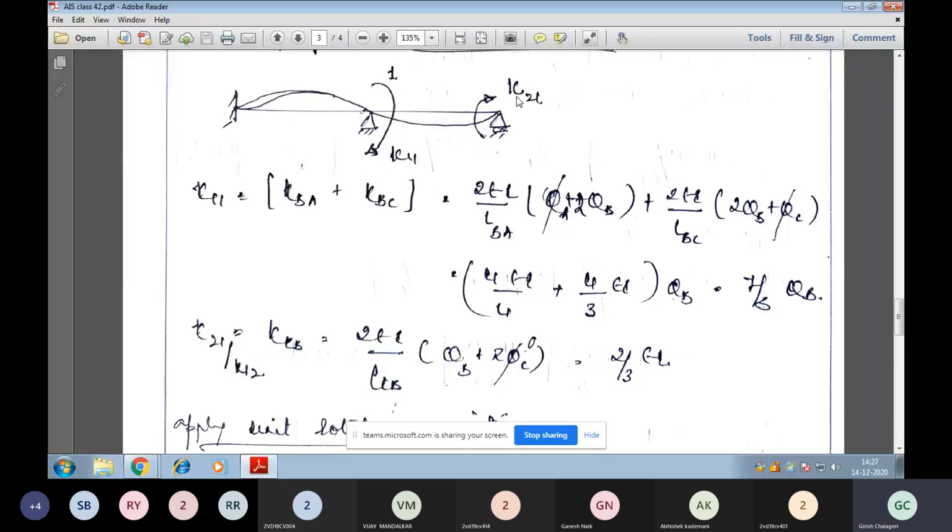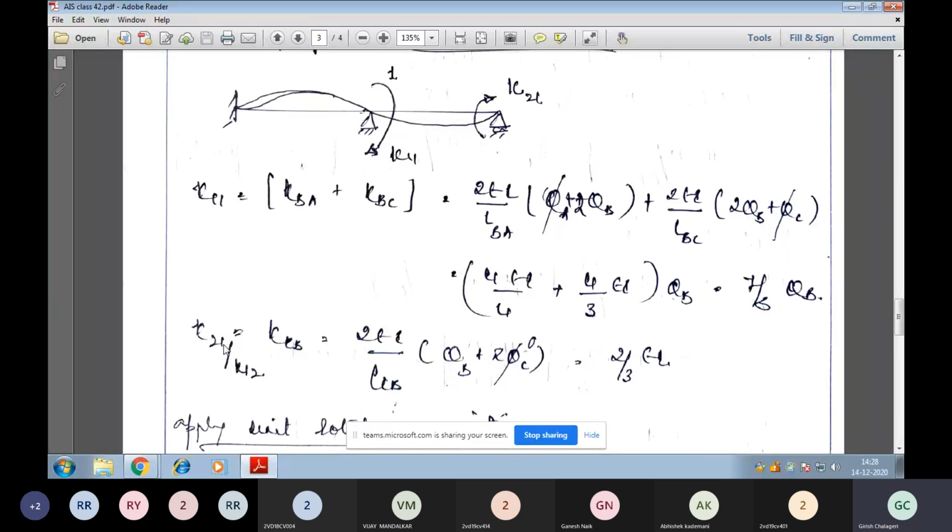Next is K21. K21 is what? The member connected to joint C is KCB. So KCB is what? 2EI by L_CB bracket of theta B plus 2 theta C. Because C is the first member we get 2 times theta C, and B is the second member we get theta B. But when we take K21, make sure K21 is the stiffness at the second coordinate joint due to a unit load applied at the first joint.